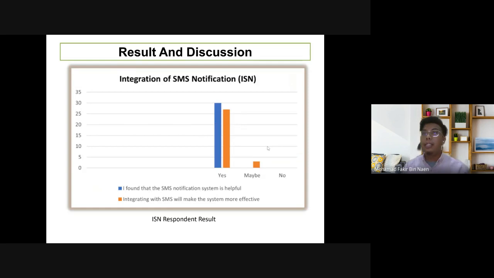Lastly, the integration of SMS notification. 93.3% answered yes, while 6.3% responded maybe. Okay, that's all for the result and discussion.